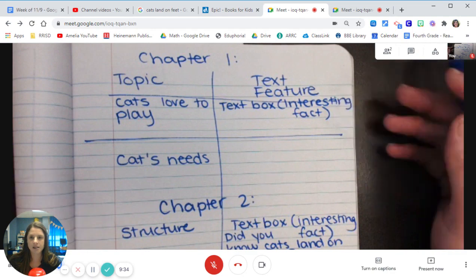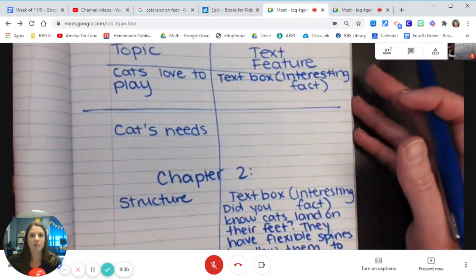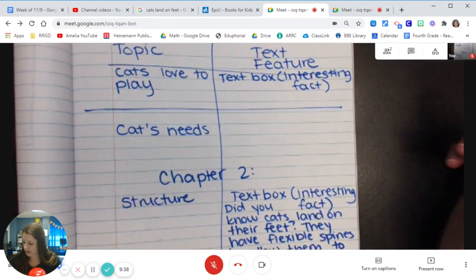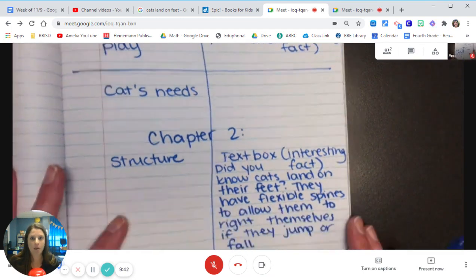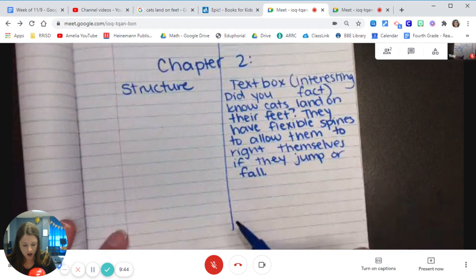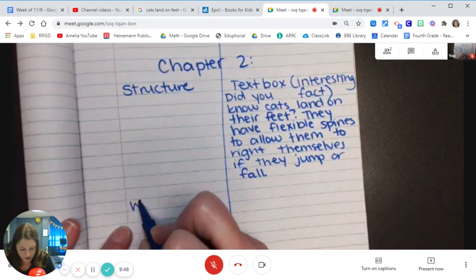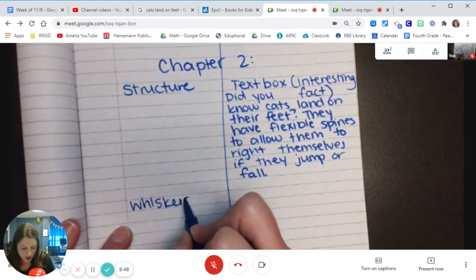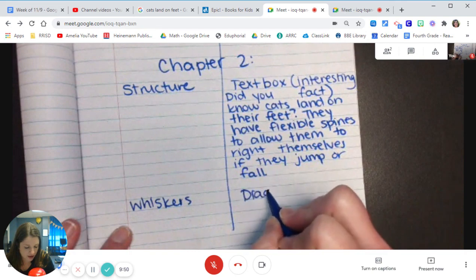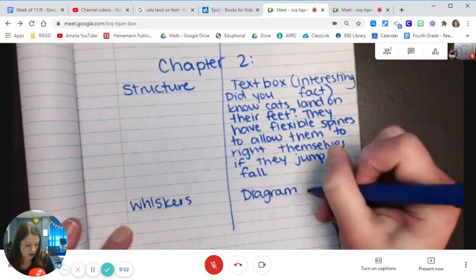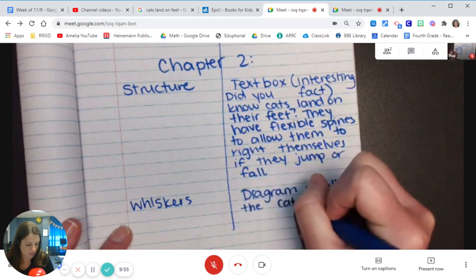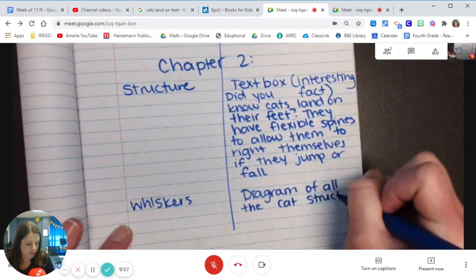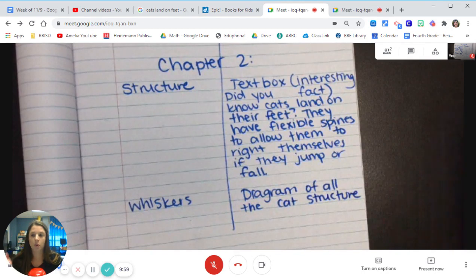So they can be text boxes, they can be interesting facts, they can be vocabulary, they can be diagrams. So maybe even with my structure, if I have their whiskers, I could maybe include a diagram of all the cat structures and maybe even label it so my reader knows where the whiskers are on the cat.